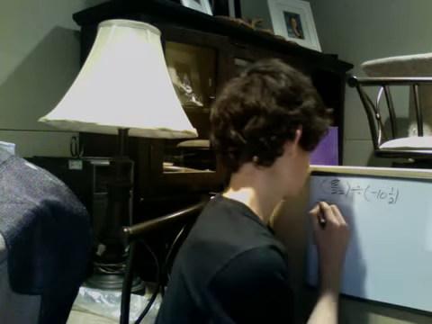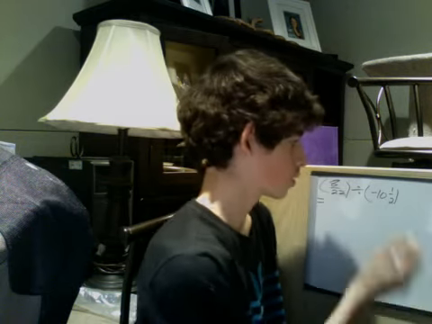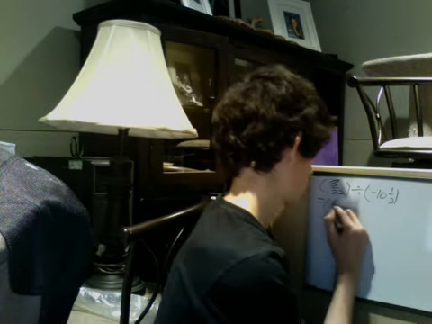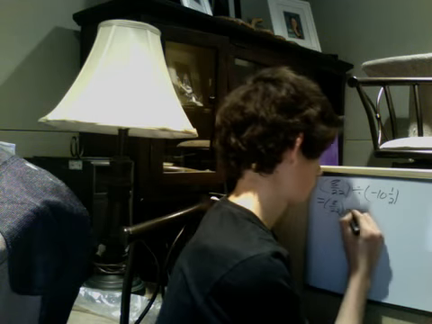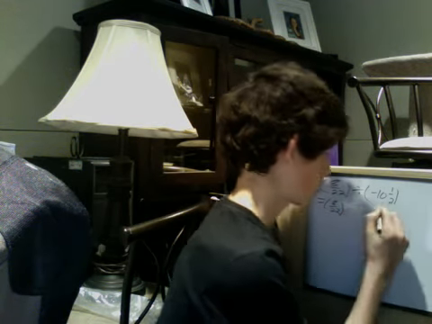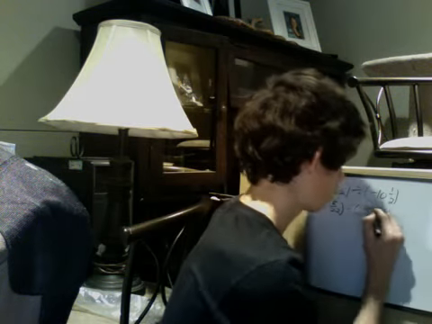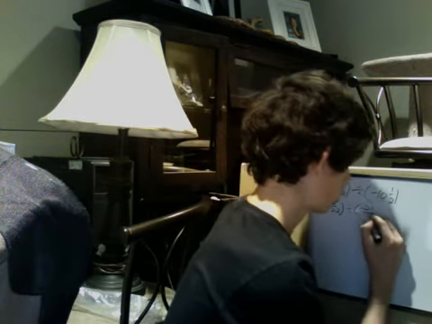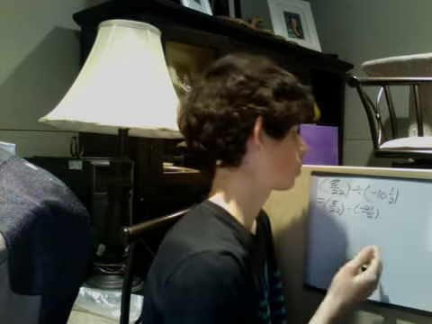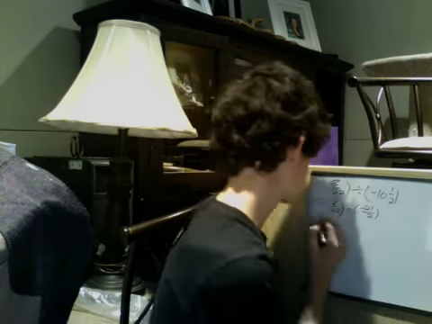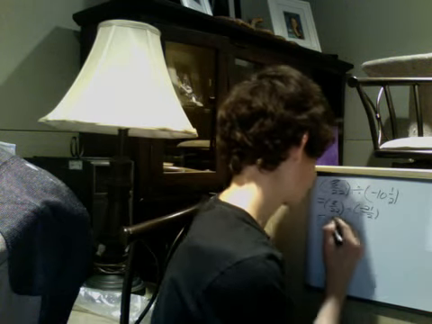So first you have to turn the mixed number into an improper fraction. Two times 10 is 20, plus 1 is 21, -21/2.